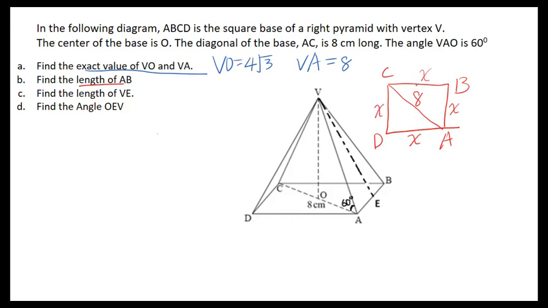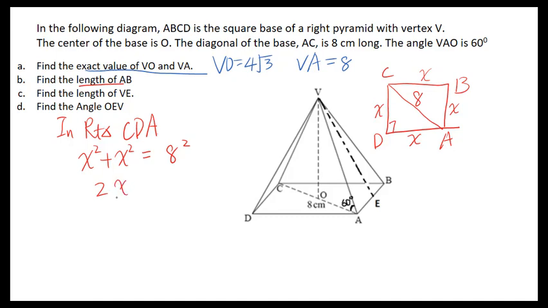You can use trigonometry, or you can use the Pythagorean theorem. Let's do the Pythagorean theorem. In triangle DCA, this is a right triangle. We know x squared plus x squared equals 8 squared.